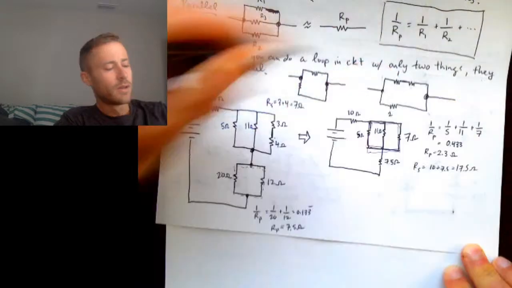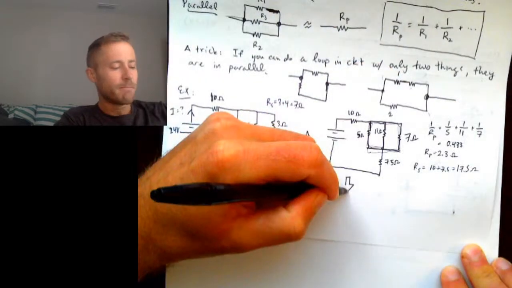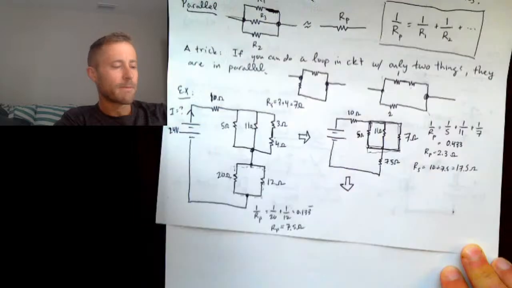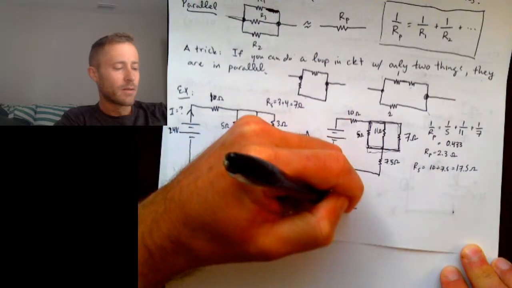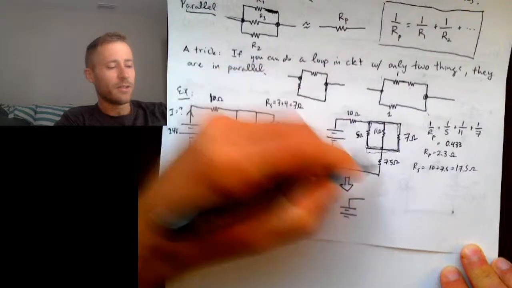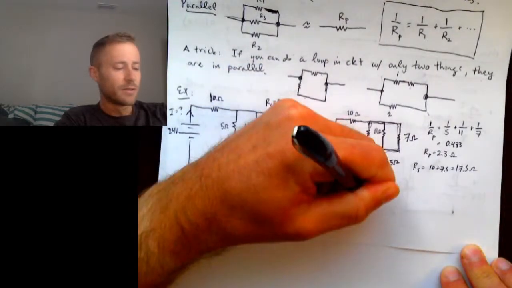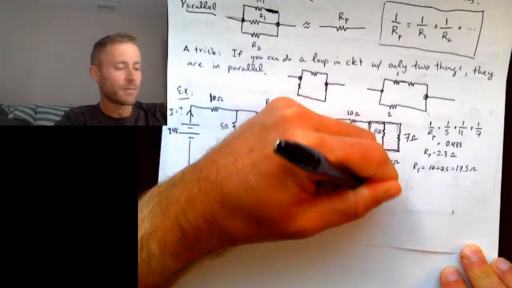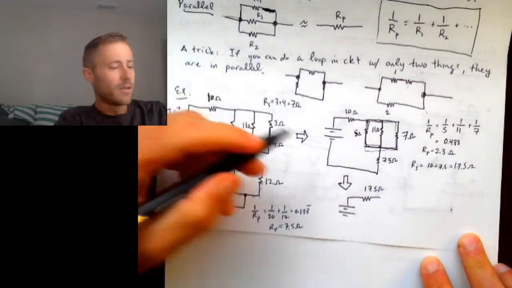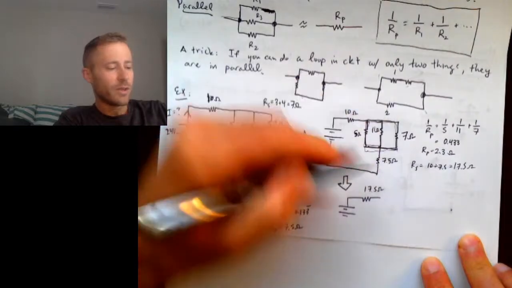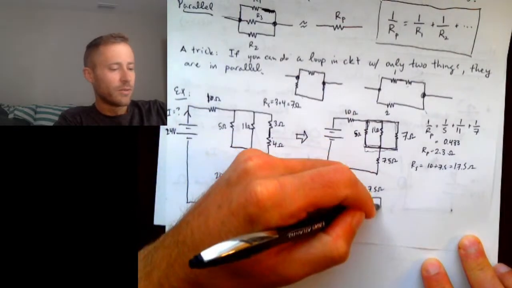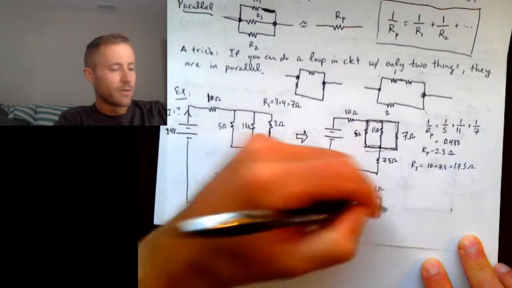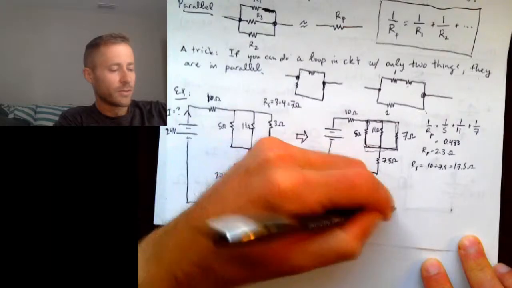So now I redraw the circuit again. And I can replace these two with a single 17.5 ohm resistor. Okay, and then I can replace these 3 with a single 2.3 ohm resistor.